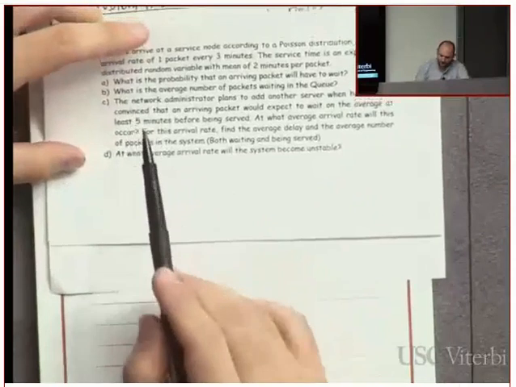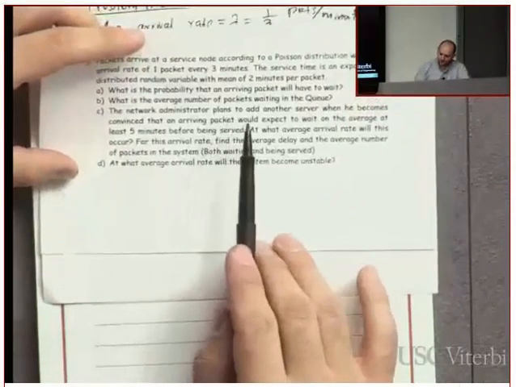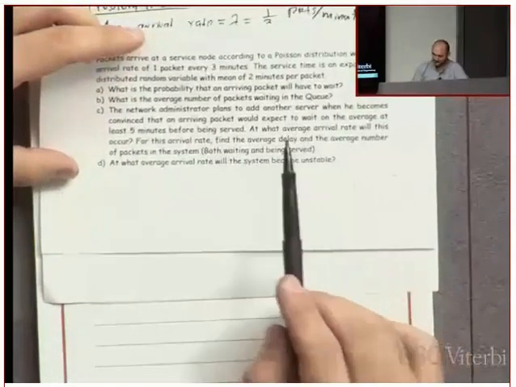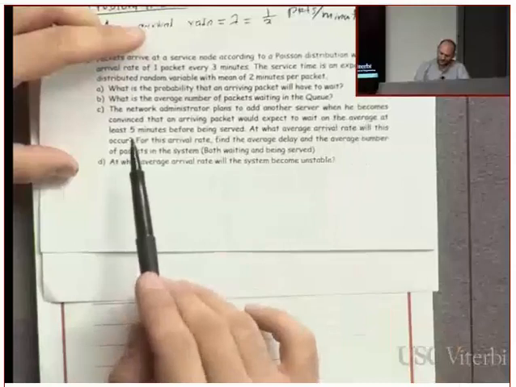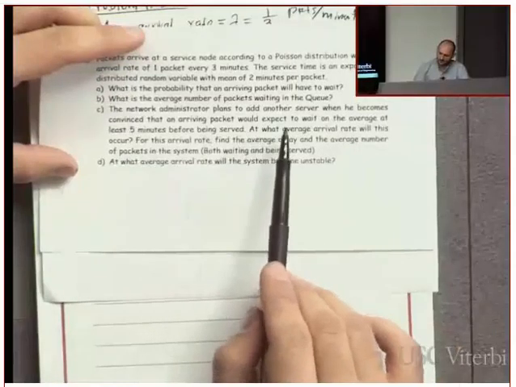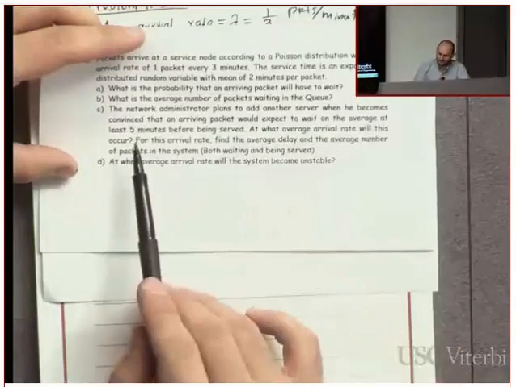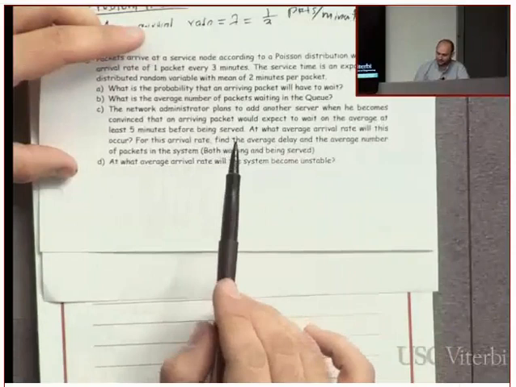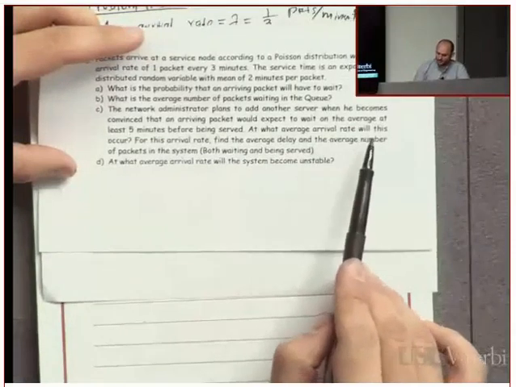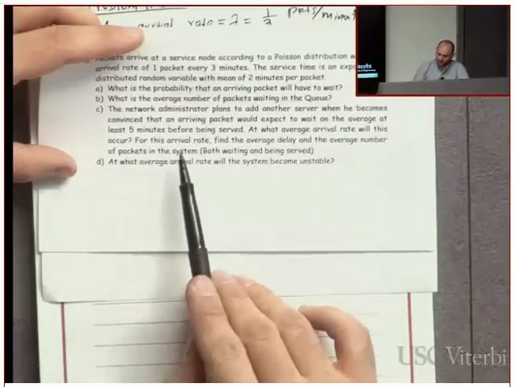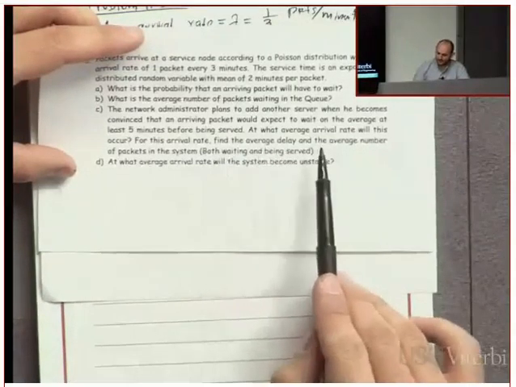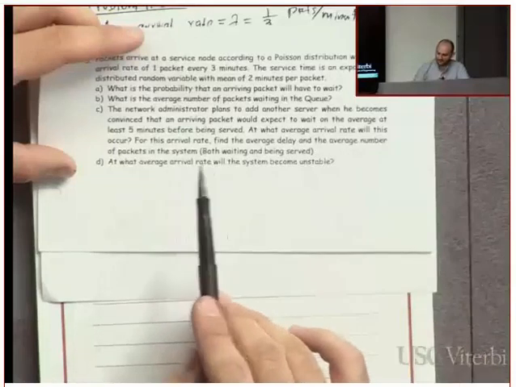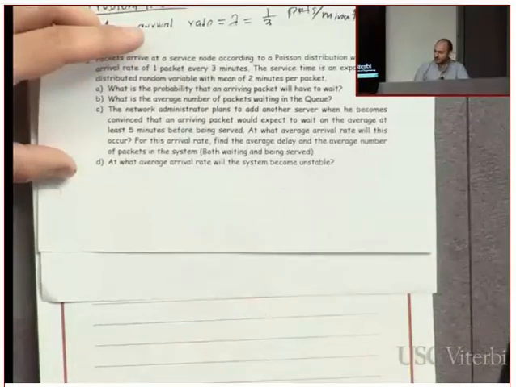The third question is, the network administrator plans to add another server when he becomes convinced that an arriving packet would expect to wait on average at least 5 minutes before being served. At what average arrival rate will this occur? For this arrival rate, find the average delay and the average number of packets in the system, both waiting and being served.